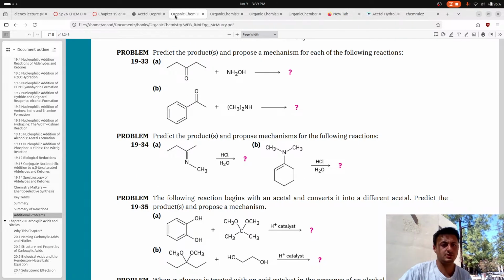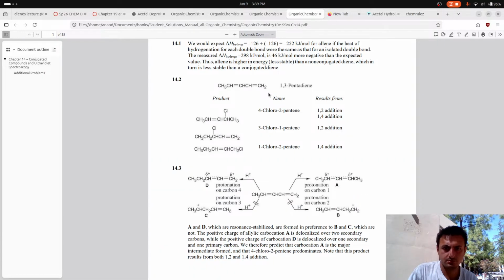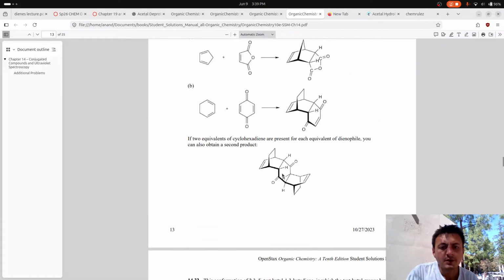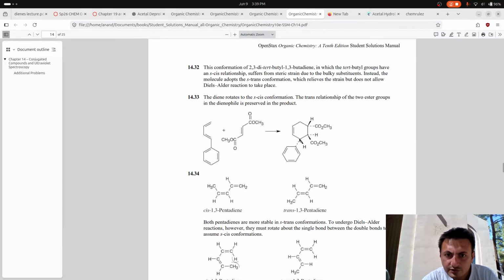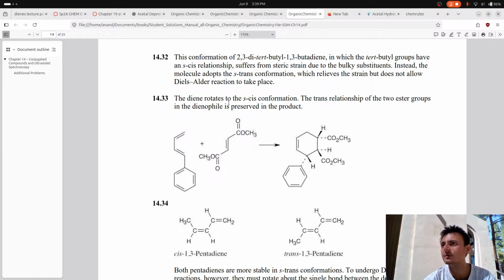14.33. Yeah, there is a solution. However, it only works for the cis formation of this part over here. And I am not sure. You know about the student manual? Like if you go to the OpenStax website, there is a link to the solution key. Yeah, the solution key. So this is the problem.